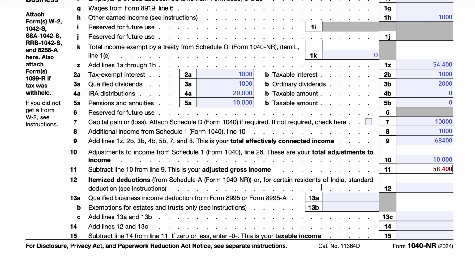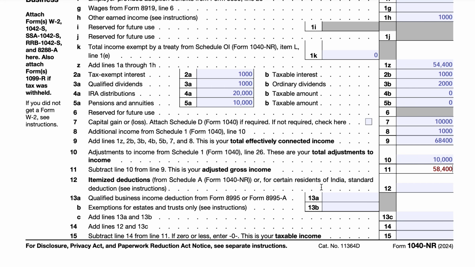Now, itemized deductions. Most people filing Form 1040 NR are not allowed to claim what is known in the United States as a standard deduction. There are a couple of countries that can do that.